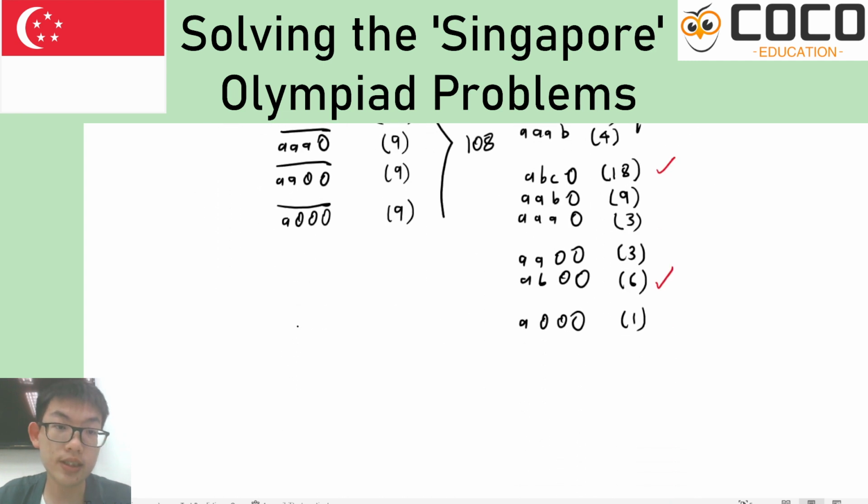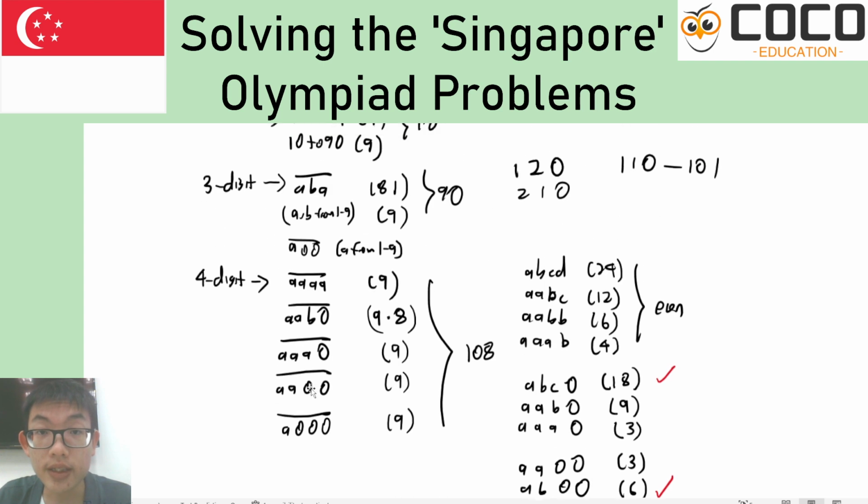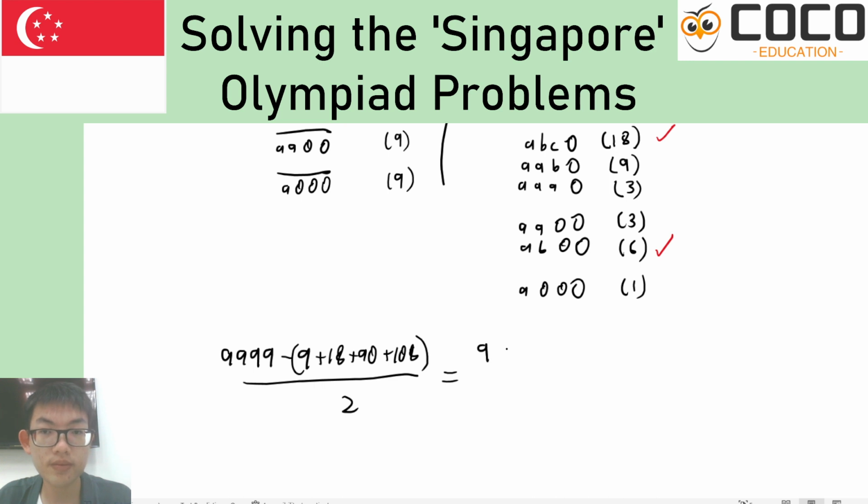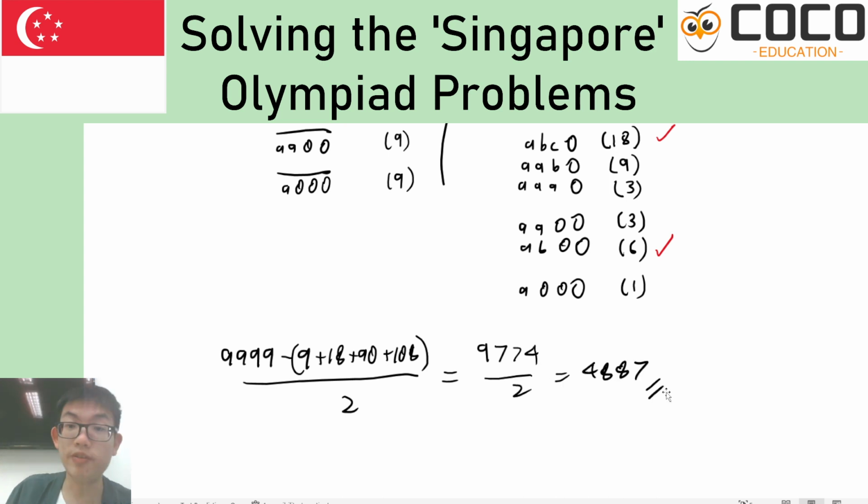And your answer is 9999 minus 9, 18, 90, and 108. So this would be the number of pairs that are removed, 4,887.